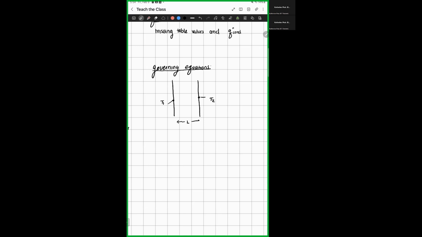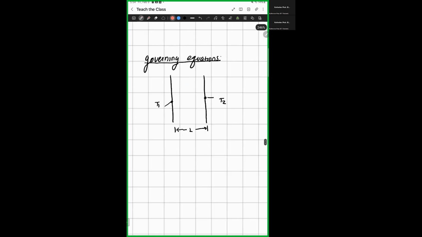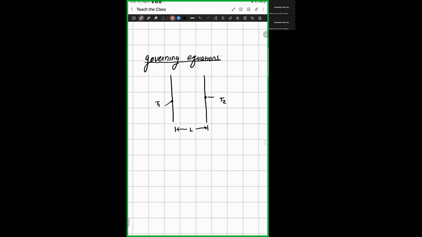This is the length L. And then we are just going to assume that the heat flux goes from T1 to T2. We'll assume this for each case so that the math then just takes care of the negative signs.